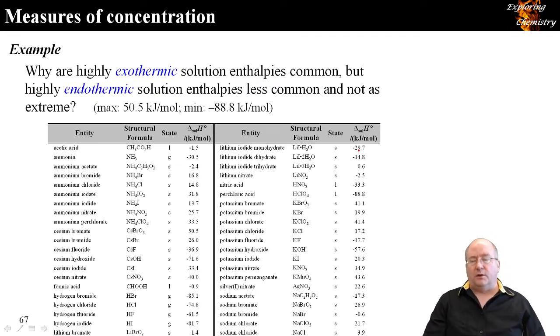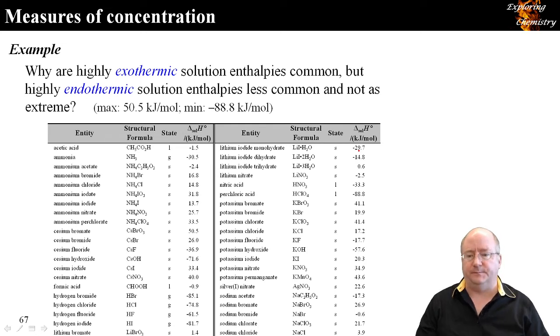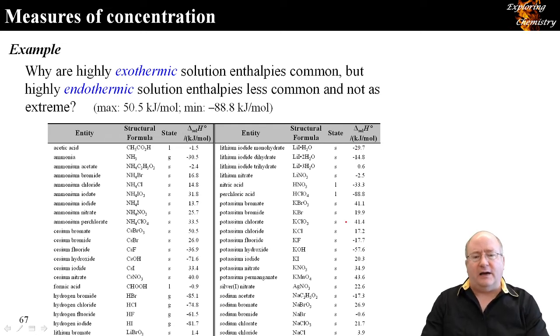So another question for you. Why are highly exothermic solution enthalpies common, but highly endothermic solution enthalpies less common and not as extreme? There's a lot of data on this table. I just wanted to present it, but the maximum endothermic energy is 50.5 kilojoules per mole, somewhere in here.